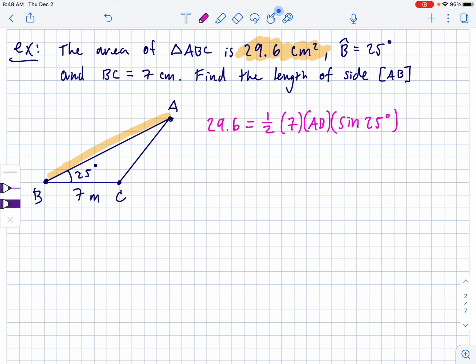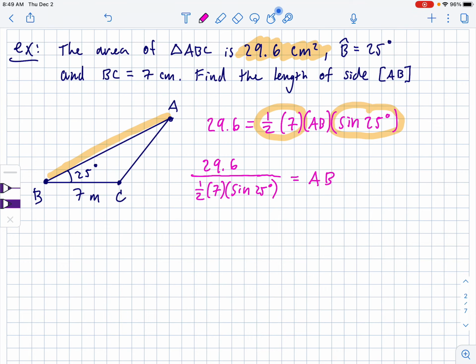What should we do? Let's just divide by everything. So I want to get AB by itself. So what I'm going to do is get rid of this and this by dividing both sides by that. I'm going to do it all in one move. So we'll divide both sides by 1/2 times 7 times the sine of 25 degrees.